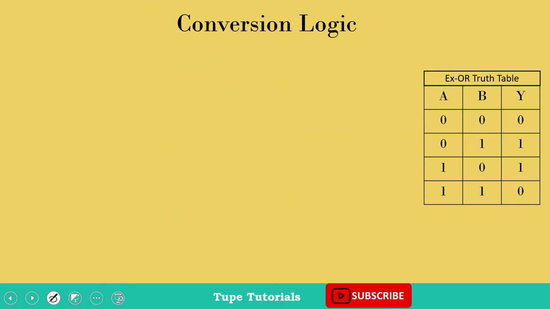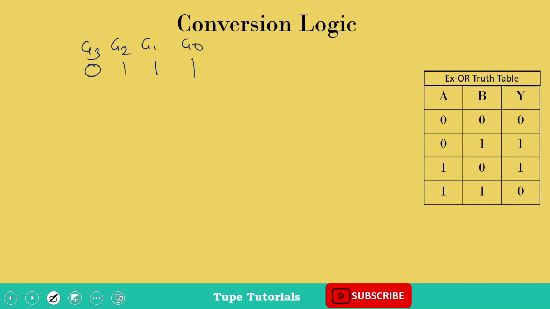Now moving to the conversion logic. I have kept XOR truth table on the right hand side for the reference. Now we will see the XOR gray to binary logic. So let's start. Suppose we have the gray code 0111. So this is the gray code and we have to convert it into binary. Before starting, let's label it G3, G2, G1 and G0.